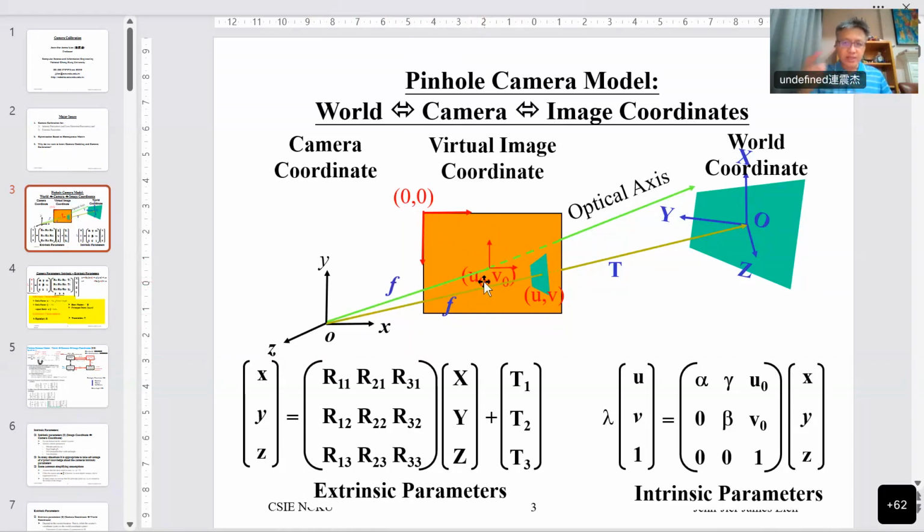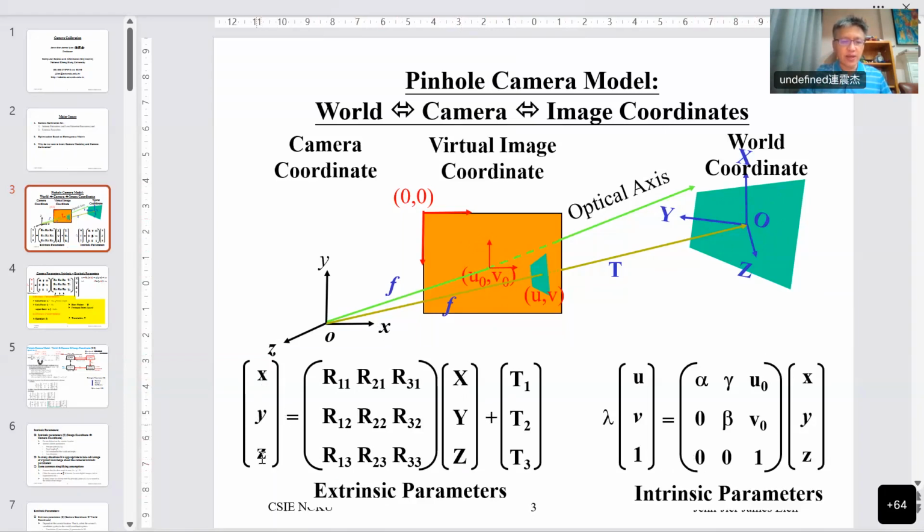But what you can see with your eyes is only the image. So what is the relationship between the 2D image and the 3D world object, the 3D world coordinate? That includes extrinsic parameters and intrinsic parameters. Capital X, Y, Z are the world coordinates.